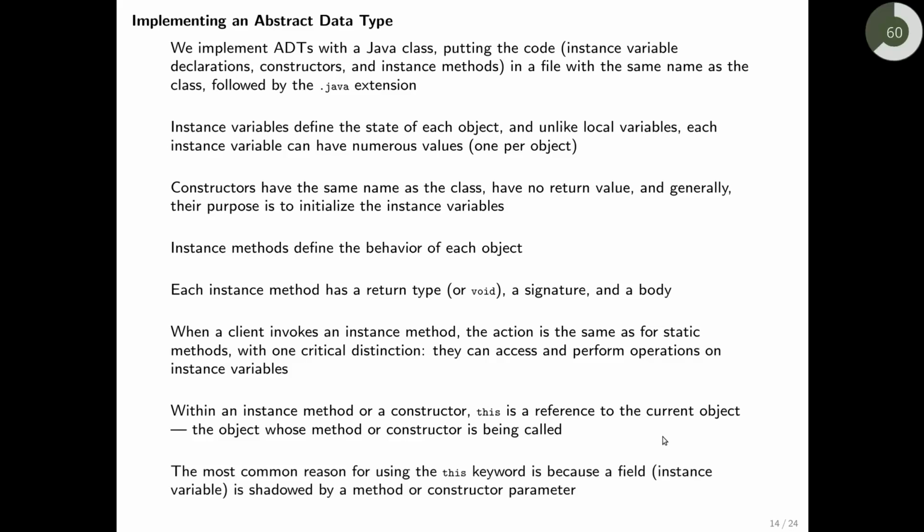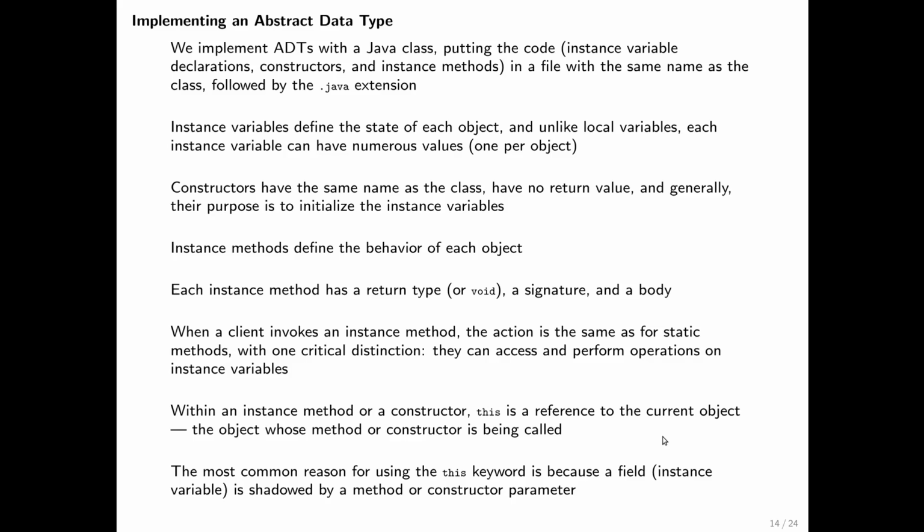Now, the most common reason for using the this keyword is because fields or instance variables are shadowed by a method or constructor parameter. Okay, so let's say you have a method or a constructor whose parameter has the same name as the instance variable. Then how do you tell the difference between the two? Well, what you do in that case is you qualify the instance variable using the this keyword. All right.